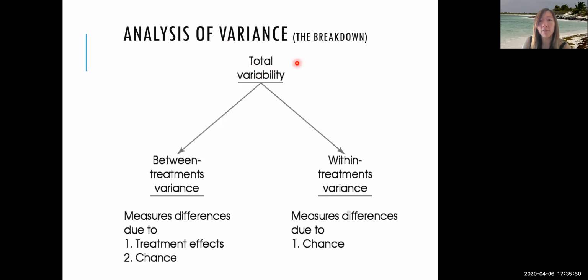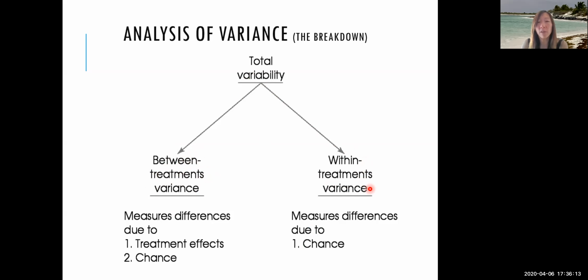We're going to take all of the data and divide it into two parts. One is the between treatments variance, and the other is the within treatment variance. Again, treatment means population, groups, even samples. So for all the groups that we're using, there's between treatment variance and within treatment variance.